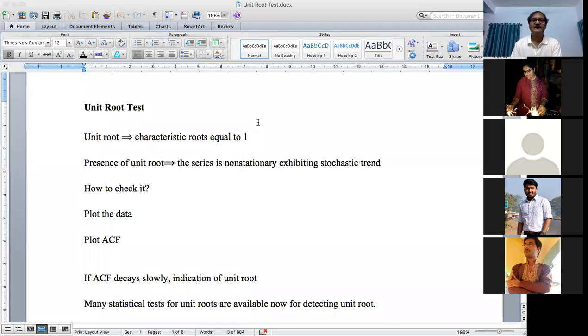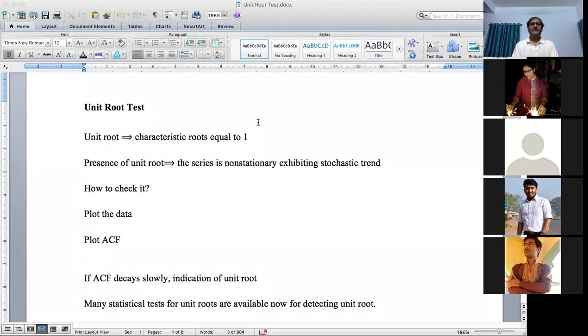Because in reality, we have only the data series. Data series for X, data series for Y, data series for Z, etc. So in reality, we have data only. Conceptually, we have defined unit root in terms of the values of the roots, and on the basis of the data we could calculate the characteristic equation and the roots, to find out whether the value is equal to 1, less than 1 or greater than 1.